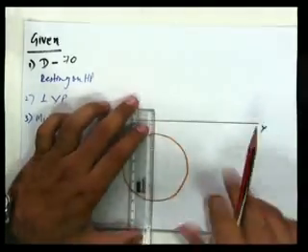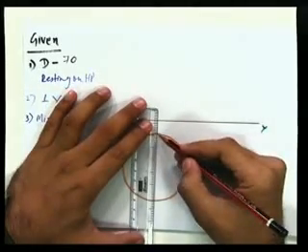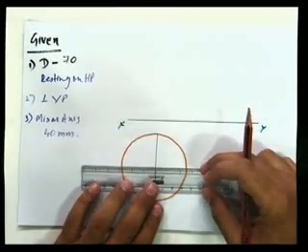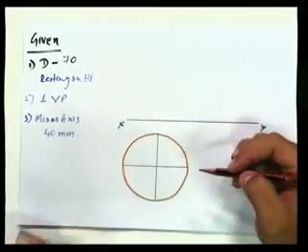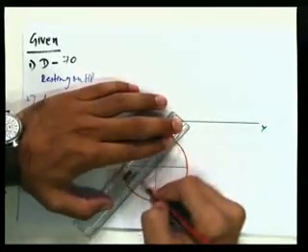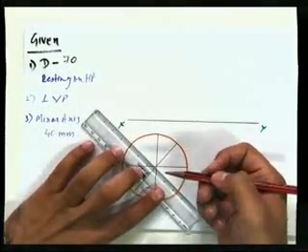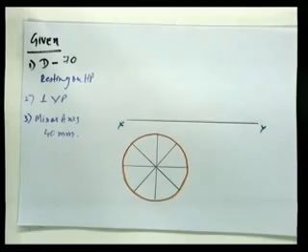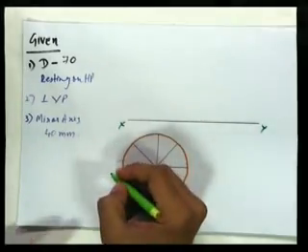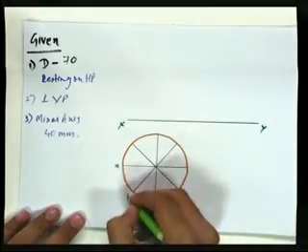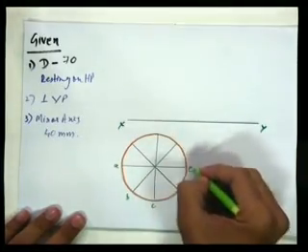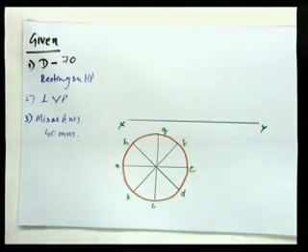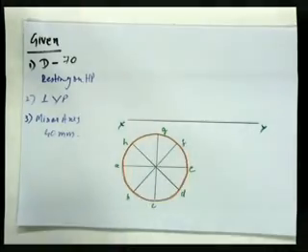Now you should divide it by the normal method, but I'll just divide it directly so that we save on time. Okay, so we have divided the circle into 8 parts, and let's name them A, B, C, D, E, F, G, and finally H. Right, now let's extend these points upwards.